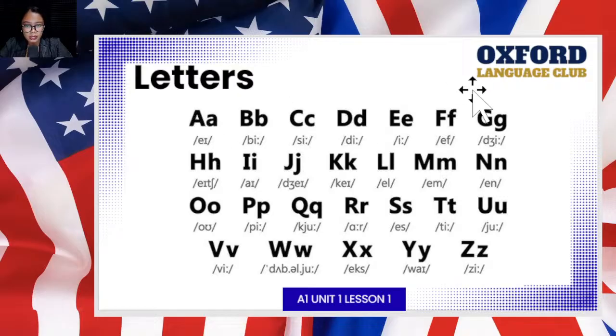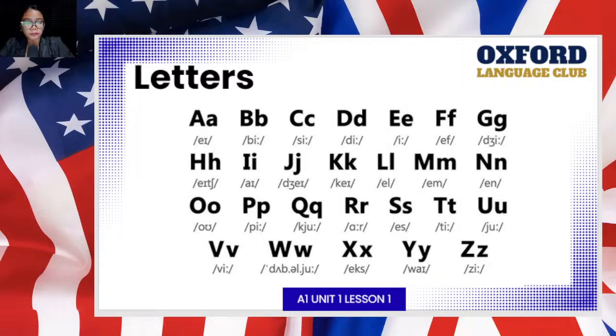A, B, C, D, E, F, G. Let's pause here. Say those with me again. A, B, C, D, E, F, G. Now, in this first row of letters, A to G, you notice there is a pronunciation guide below the letters.